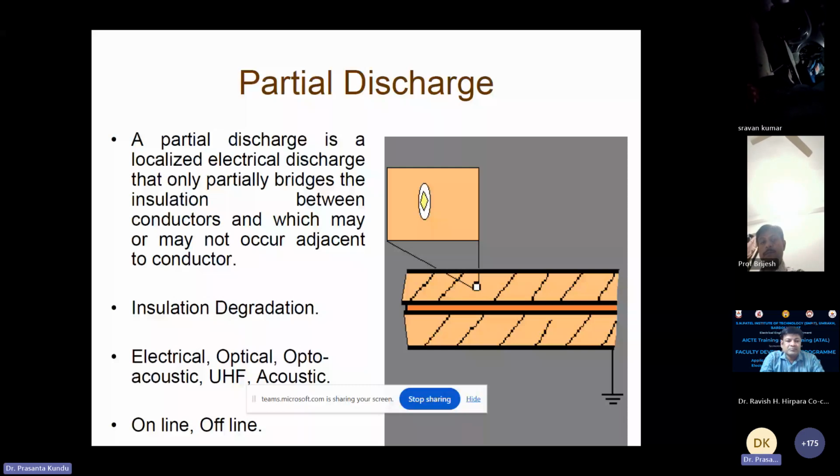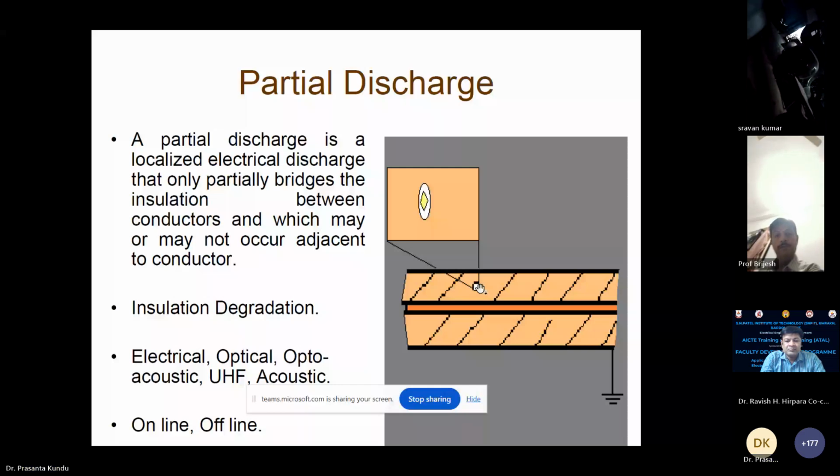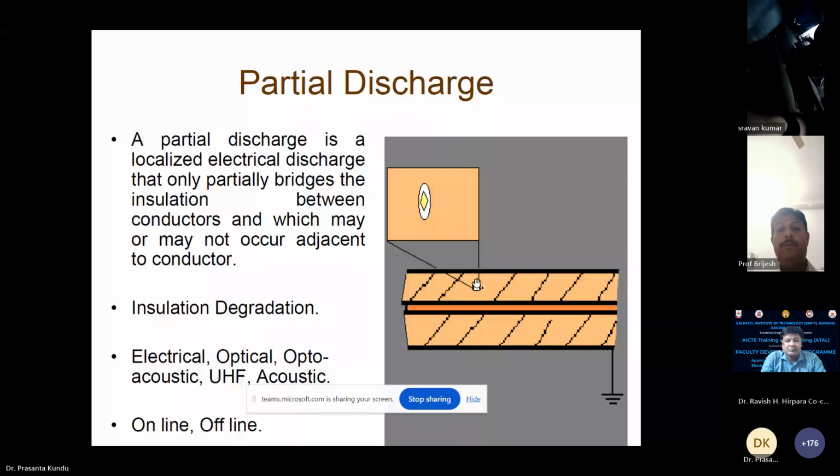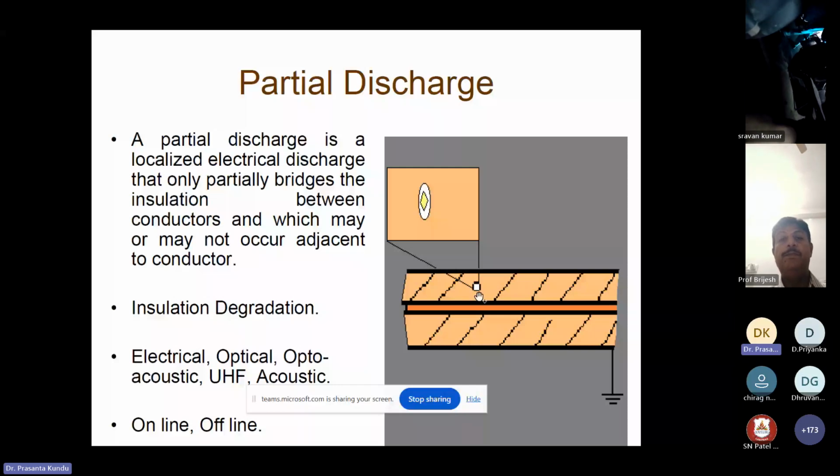That micro crack will have a different inclusion, which creates localized stresses. If there is localized stress, then there will be breakdown only in that particular gap, that particular portion. That is called partial discharge. It can be associated with the ground electrode, it can be associated with the high voltage electrode, or it may not be associated with either electrode.